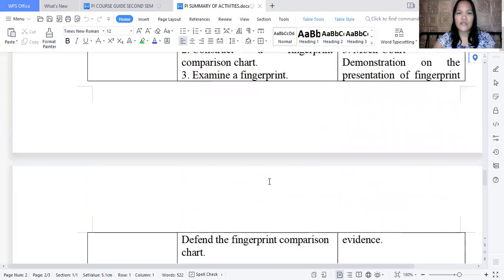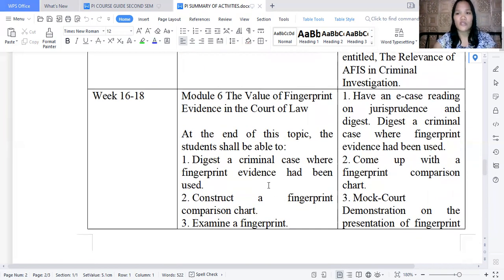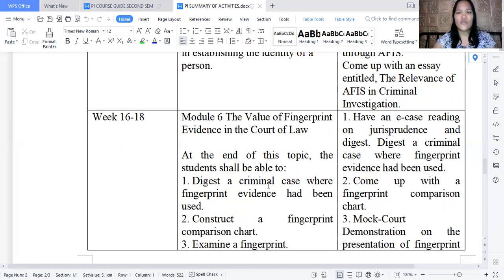Aside from that, you will then be required to examine a fingerprint and defend the fingerprint comparison chart. So we will come up with a mock court for you to have an experience on how to present fingerprint evidence in court. In your activity, you will be having an e-case reading on jurisprudence and digest a criminal case where fingerprint evidence had been used, and then you come up with a fingerprint comparison chart.